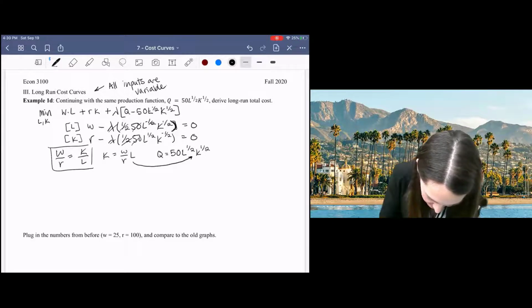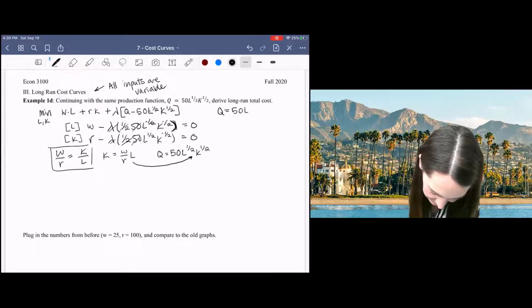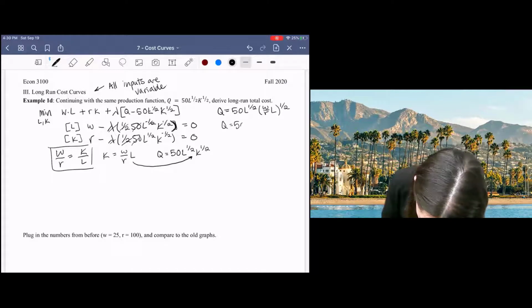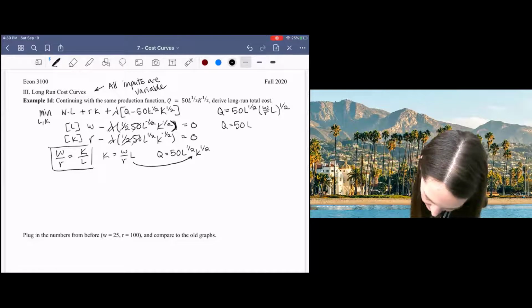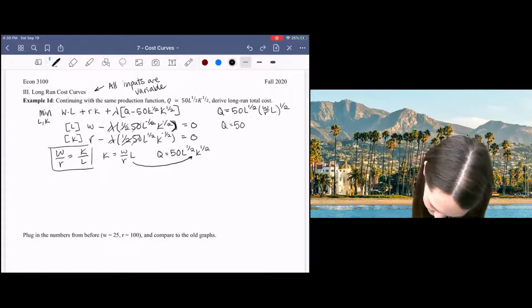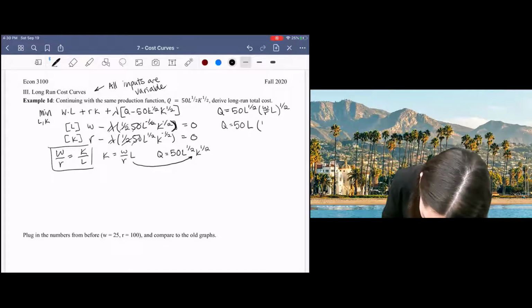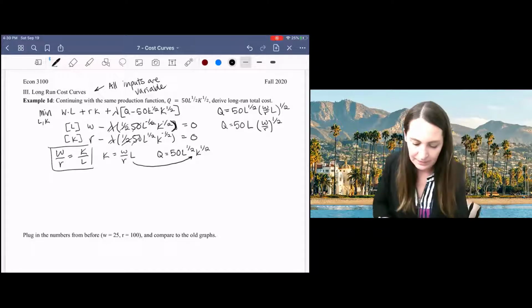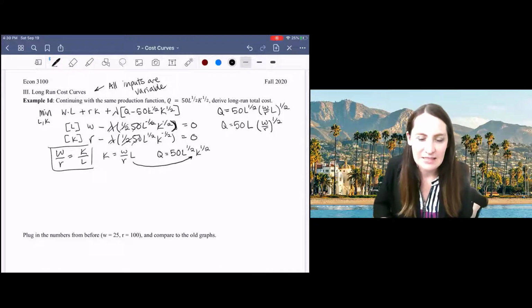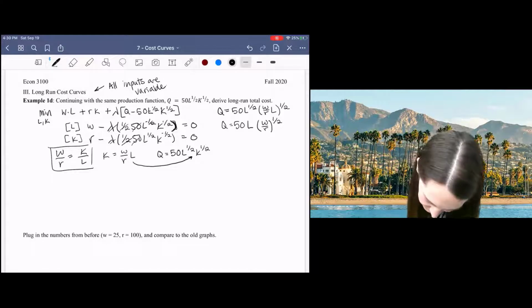So we get Q equals 50L to the 1/2, and then we've got W over R L to the 1/2. So Q equals 50. We've got L to the 1/2 times L to the 1/2 is just L. And then we've got the W over R to the 1/2.